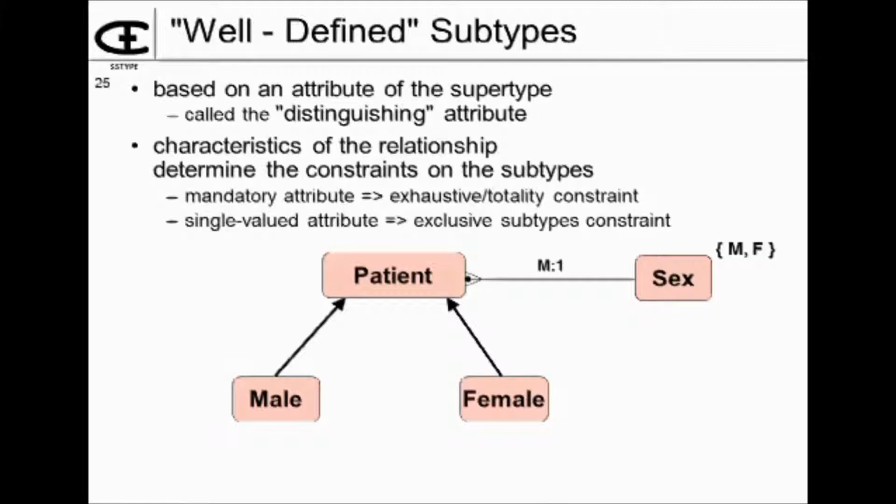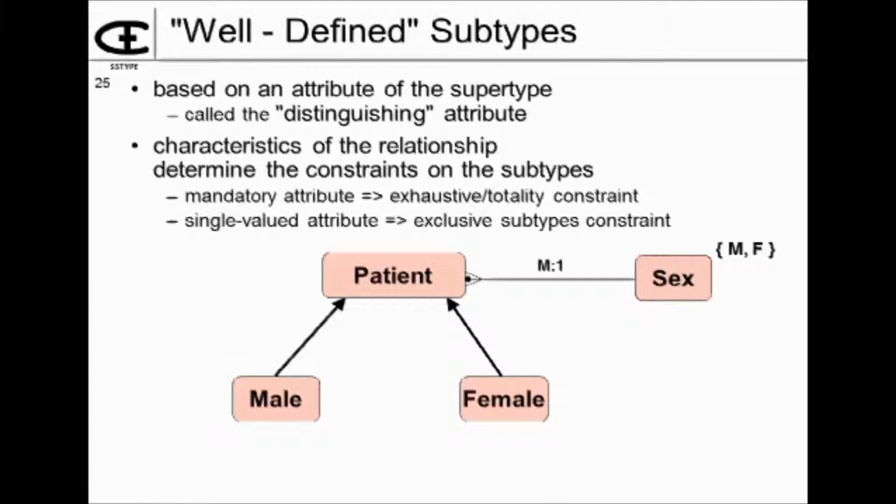So, in this example, if I was having subtypes of males and females, and I had the sex attribute attached to the patient, with the values M and F, many to one, and it's required, what can you tell me might be the rule? Well, simply, if the patient is of sex male, it goes in the male subtype, and if the patient is of sex female, it goes into the female subtype.